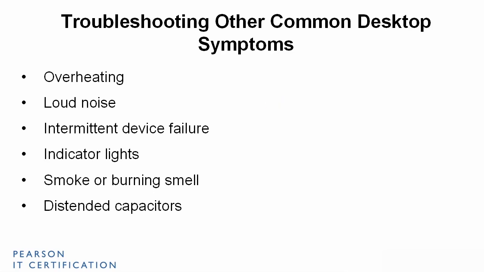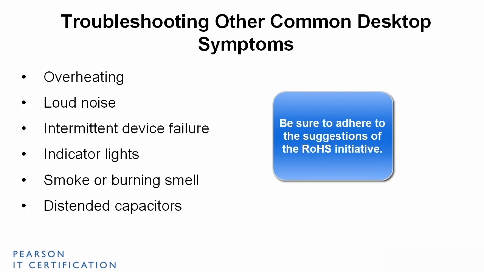One of the keys is you need a really good soldering iron, and it's got to be really, really hot in order to work properly, in order to remove the capacitor and also to solder a new one back on. So you want to be real careful with that. Also, you need to make sure that you're using lead-free solder, because most companies and organizations will deal with the RoHS initiative, which means no lead.